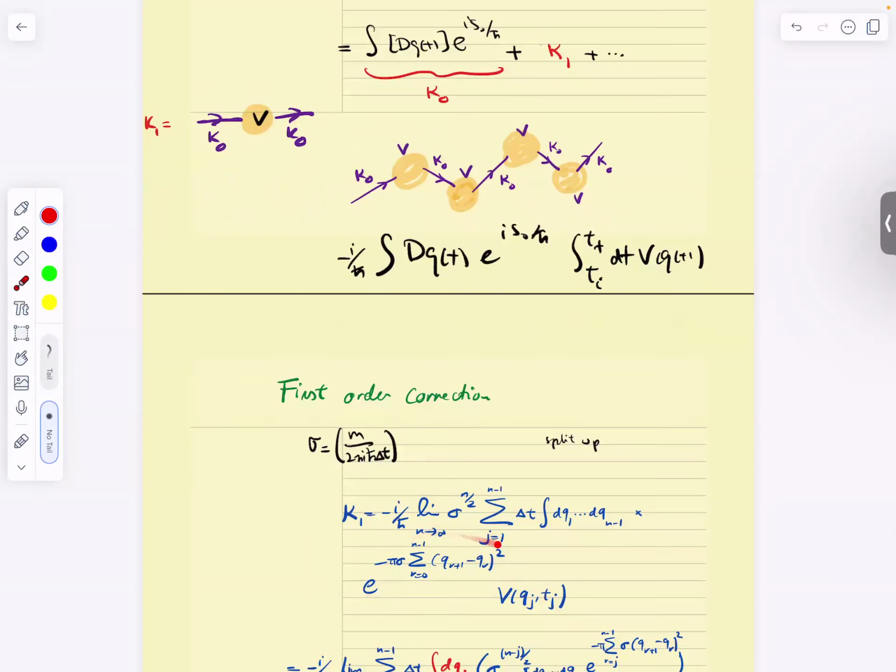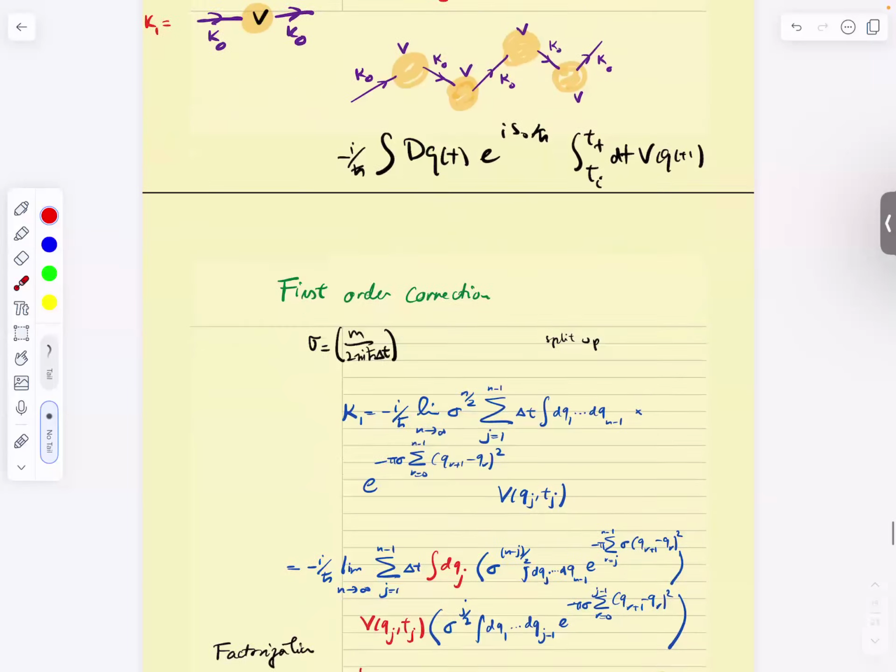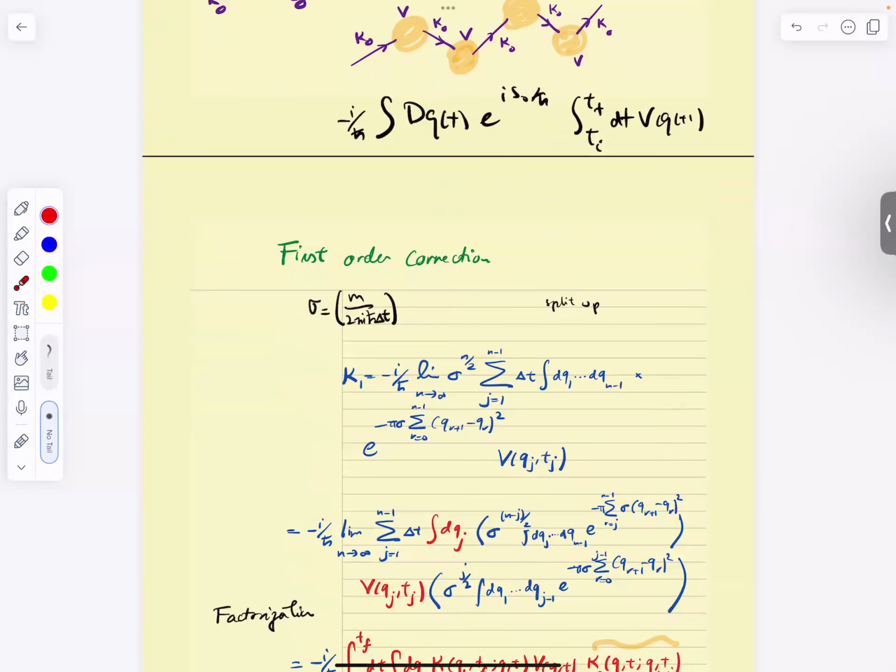This is the expression that I had previously for the propagator, just i S naught over h bar. This is my V of Qj, Tj, and then I'm going to insert a resolution of identity in the middle, as I did before. So this is the expression we're trying to compute.